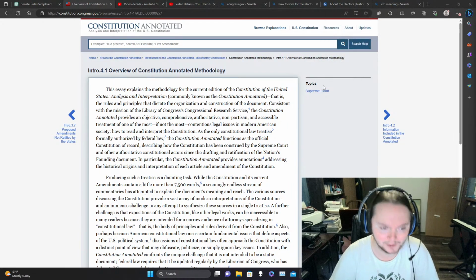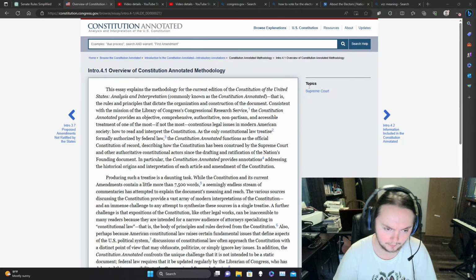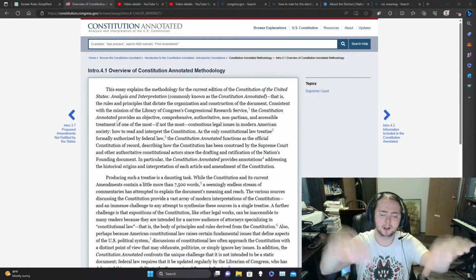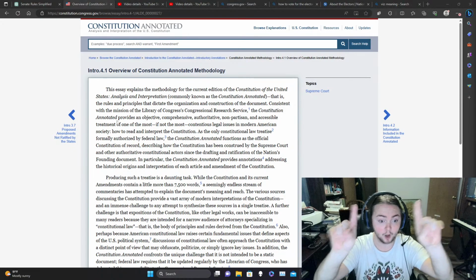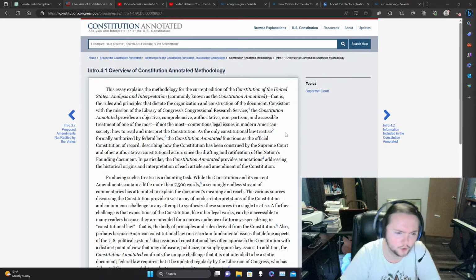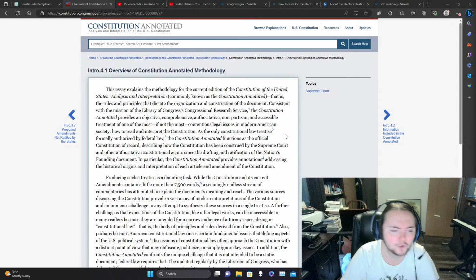Consistent with the mission of the Library of Congress's Congressional Research Service, the Constitution Annotated provides an objective, comprehensive, authoritative, nonpartisan, and accessible treatment of one of the most, if not the most, contentious legal issues in modern American society: how to read and interpret the Constitution.